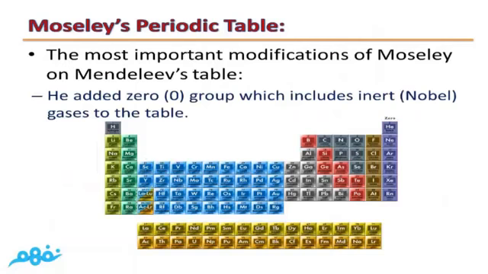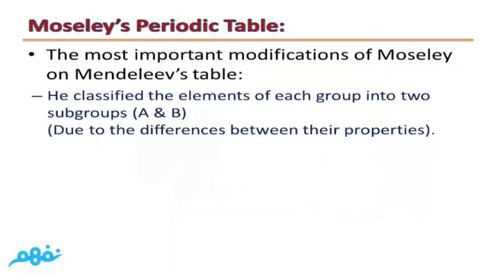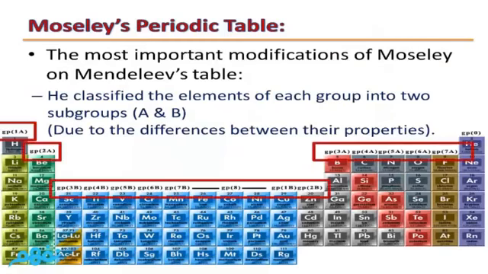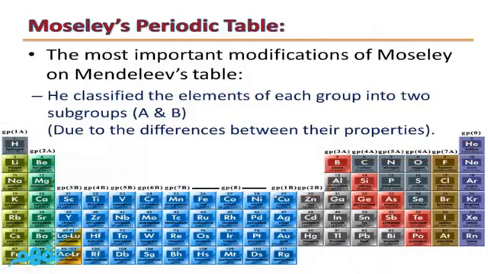He added zero group, which includes all inert or noble gases, at the end of his table in group 0. He classified the elements of each group into two subgroups, A and B.